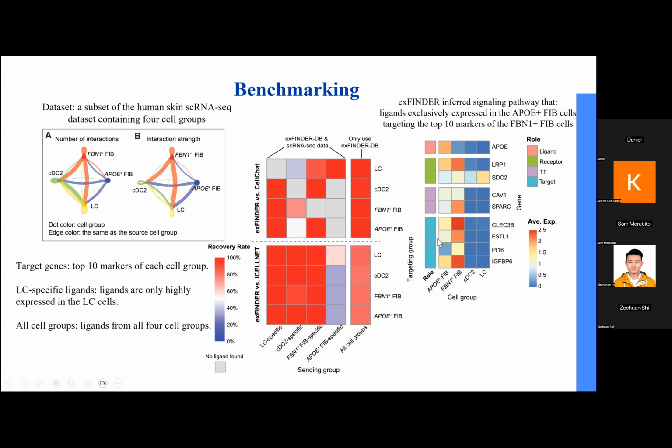And then the third panel is the example of Expounder inferring external signal.